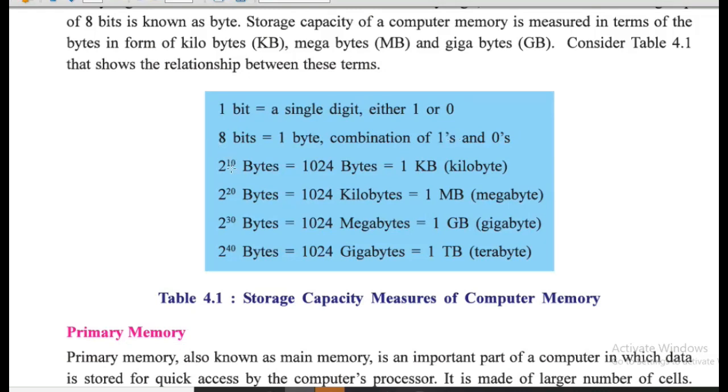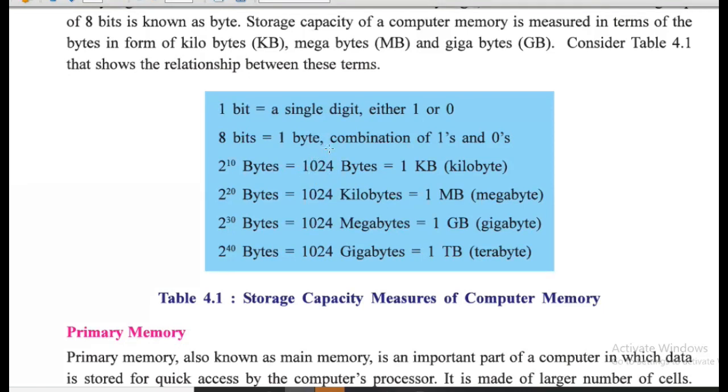Then 2 raised to the power of 10 bytes is equal to 1024 bytes, that is 1 KB, kilobyte. In normal life 1000 grams is equal to 1 kilogram, but here it is 1024. Why 1024? Because the formula is 2 raised to the power of 10, then 20, then 30 and 40.